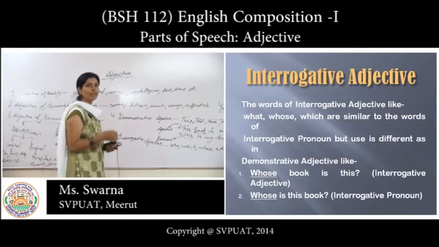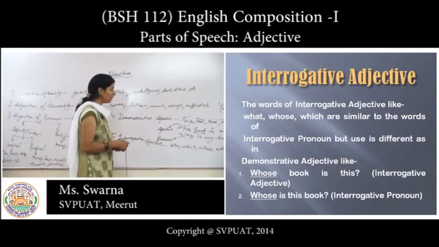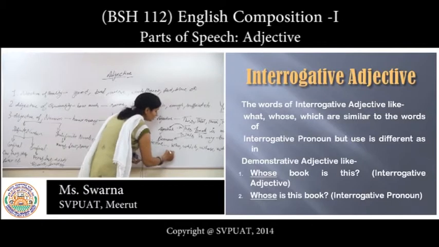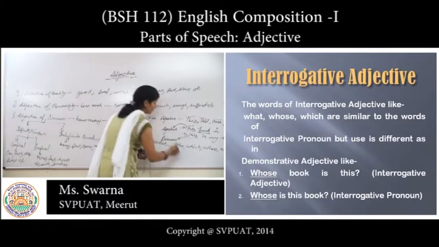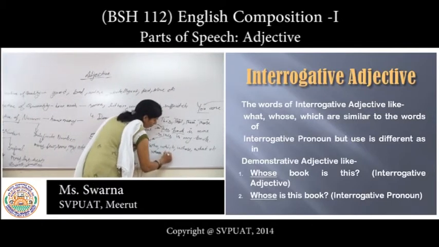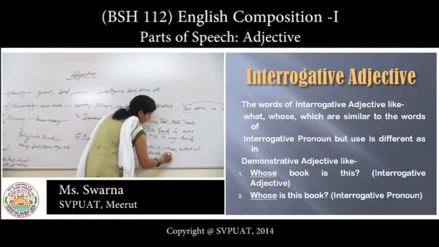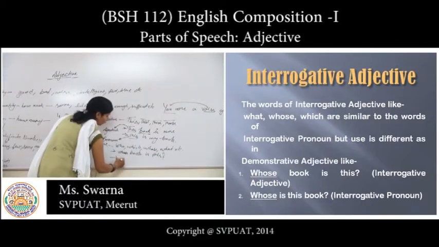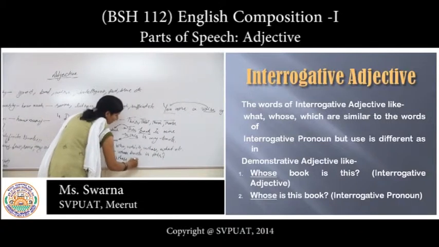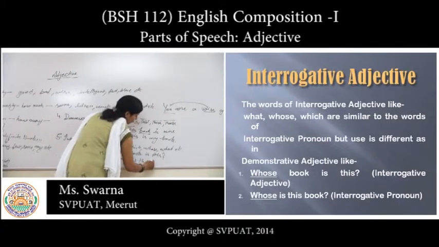The main difference between interrogative pronoun and interrogative adjective is this: when we use these interrogative words, like, whose book is this, and whose is this book.